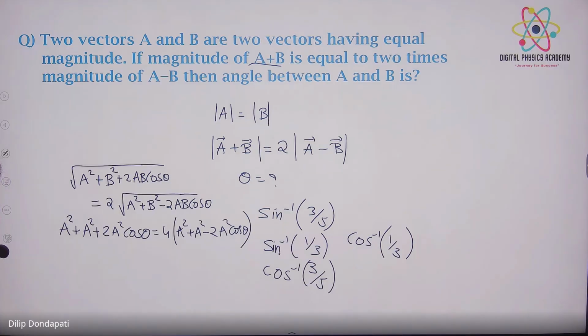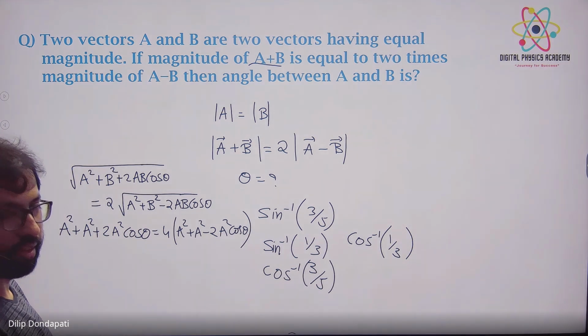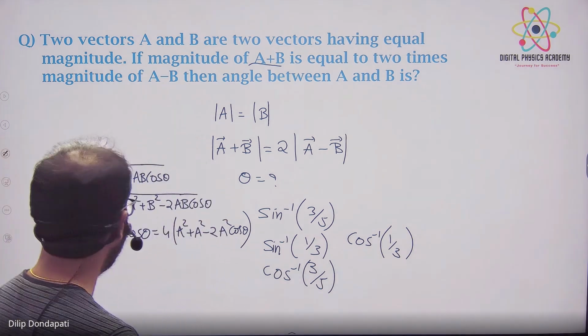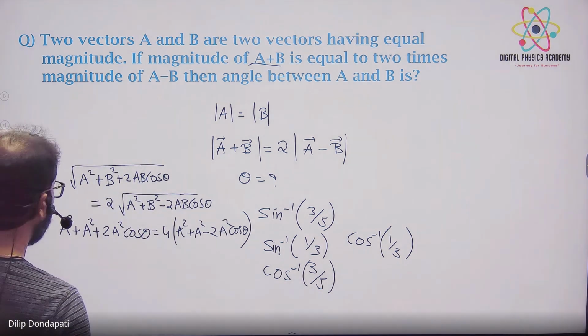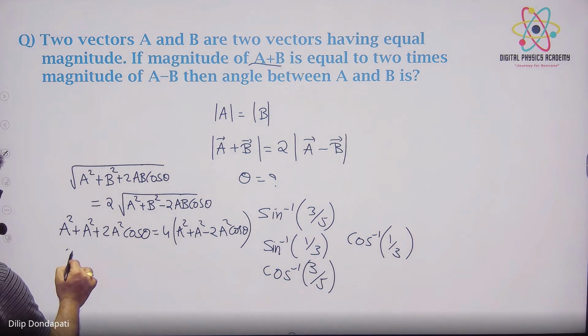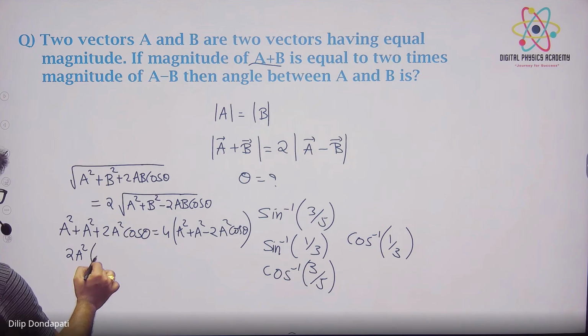Yes, sir, I got cos theta is equal to 9 by 10. Calculation mistakes are happening. Oh, sir, I wrote 3 plus 3 is 9 instead of 6. Look, A square plus A square, if I take 2A square common, what do I get? 3.